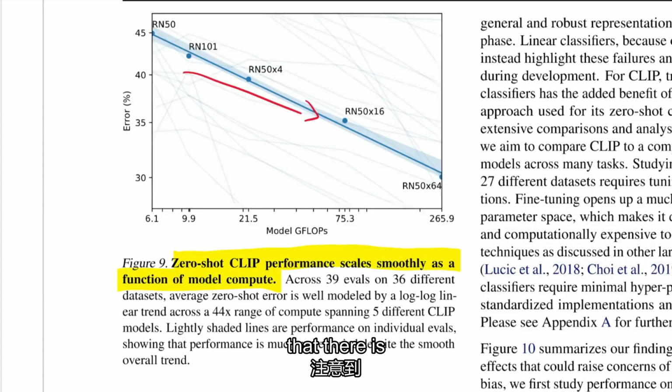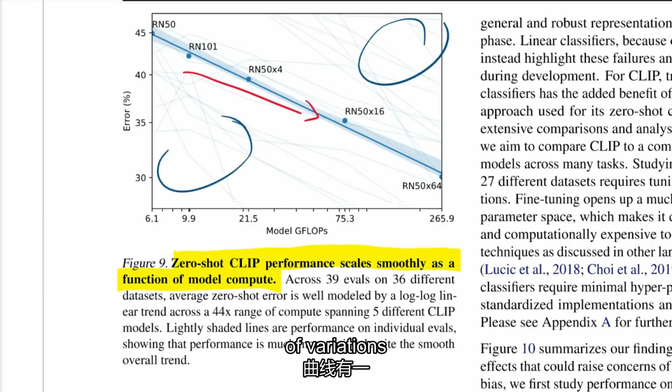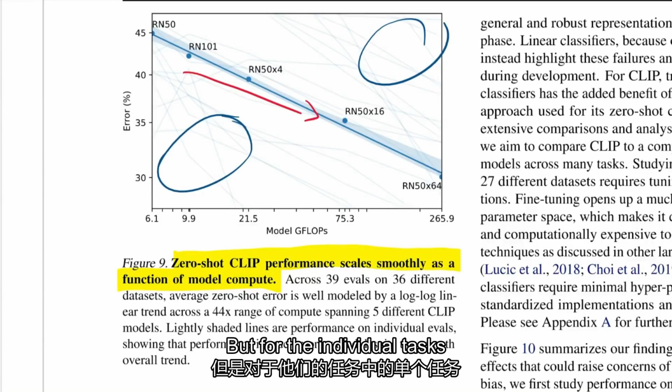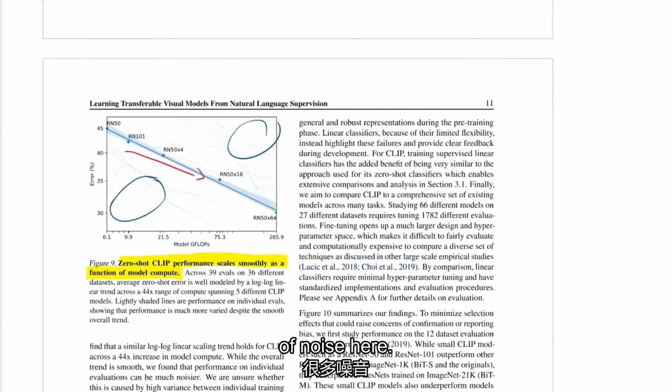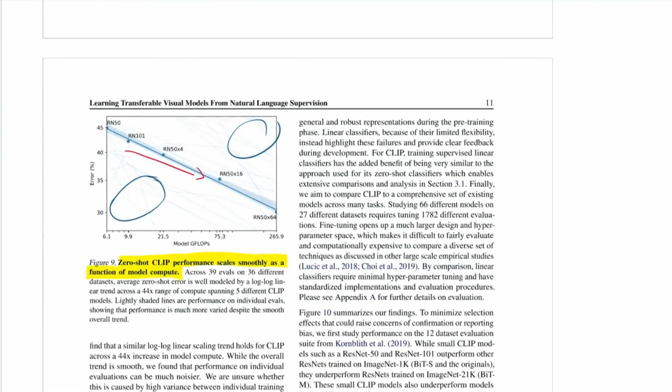However, they do note that there is a whole bunch of variations. The curve you're seeing is the average, but for the individual tasks in their task data sets, it varies wildly. So there's a lot of noise here. This could be because of how the data sets are selected, or because of how the prompts are engineered.